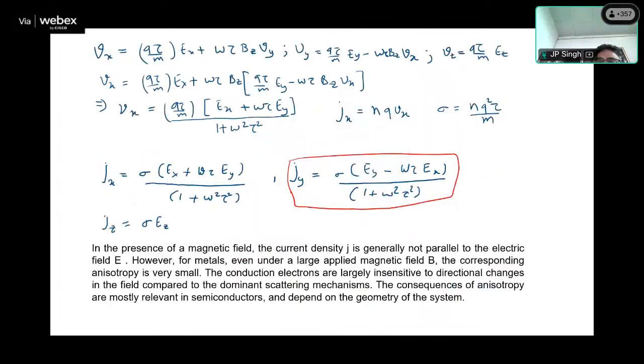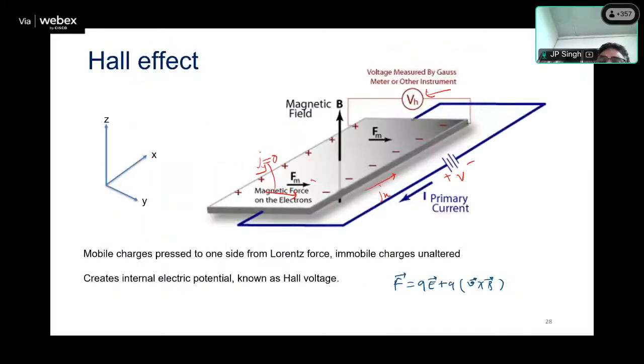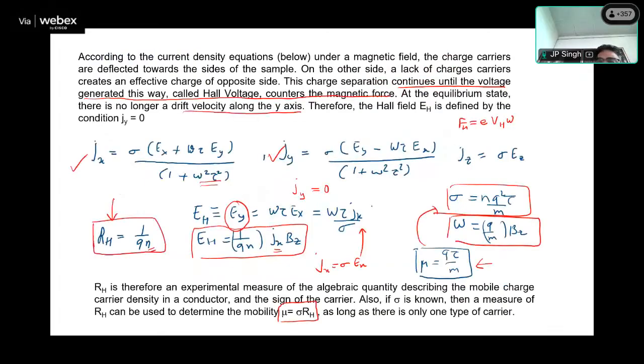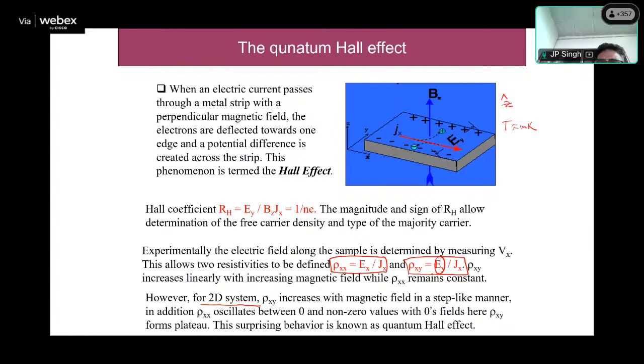So this is Ex in this direction and Ey in this direction. So we have two resistivity terms here. Now let's talk about how these two resistivities depend on the magnetic field.